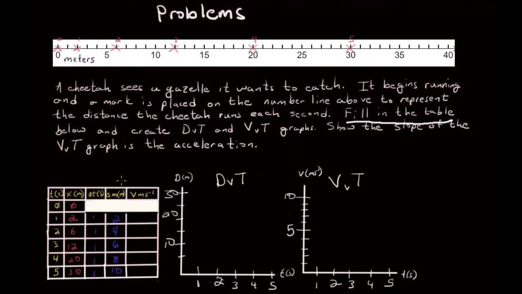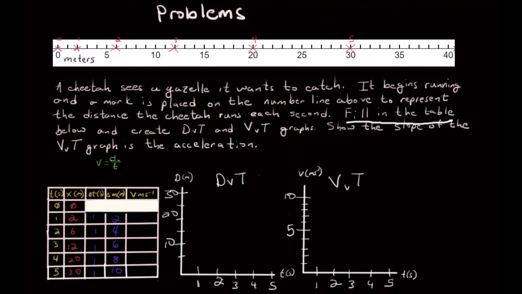Now, the velocity, remember we stated this a little bit earlier, is distance over time. And remember, it's the slope of the graph. If we graph this over here, the vVt graph, we should get 2 meters per second, a slope, 2 meters per second. But we'll see if we get that or not.